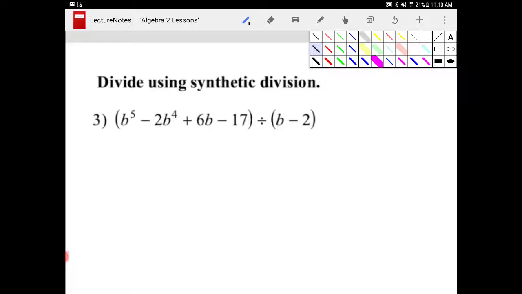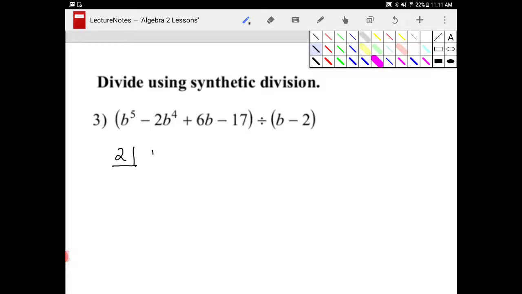Alright, so this is our divisor here. This is what we're dividing into, right? We're dividing this into this large polynomial here. So let's see what we can do. To perform synthetic division, this is a shorthand of doing long division. I place the 2 on the outside, and then I list out all the coefficients inside, right?